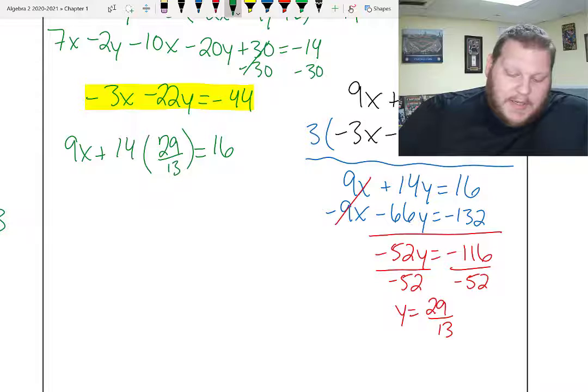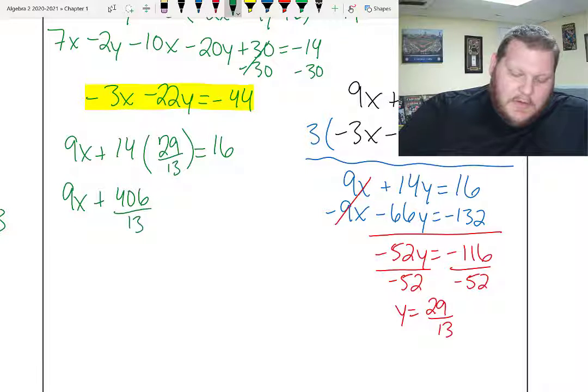So multiplying together, 9x plus 29 times 14 is 406 over 13 equals 16. So I'm going to have to subtract this 406 over 13 on both sides.